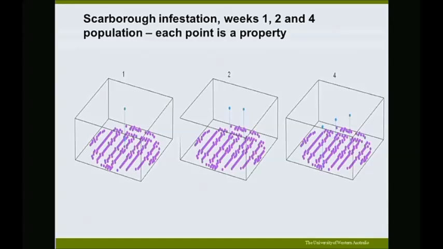So this house has still got some, and then the pest pops up here, sort of 2 weeks later, and then by week 4, the pest is popping up in 4 places. And then if I run the simulation on, by 10 weeks, in this simulation, the eradication has gone.